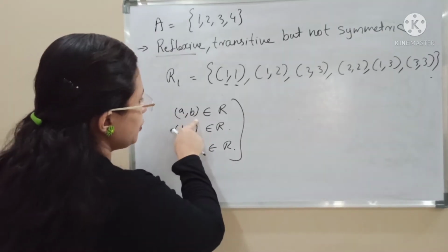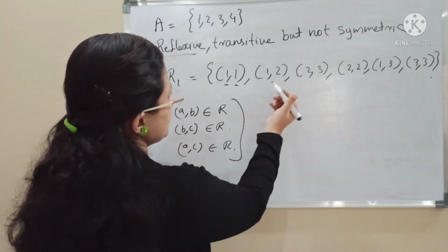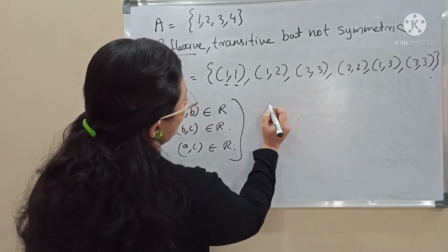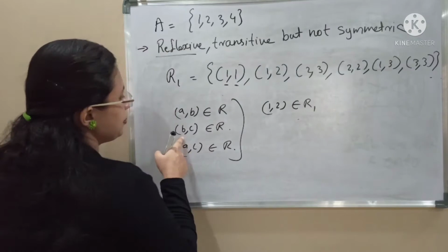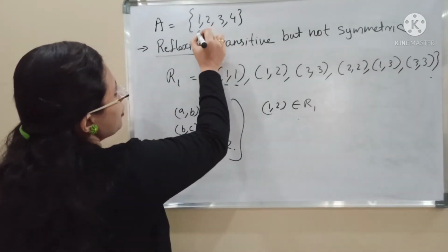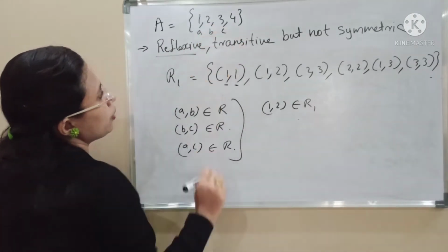Let's take (1,2) belonging to R1, then (B,C): we are naming A, B, C as 1, 2, 3.